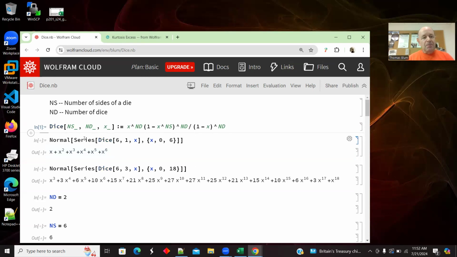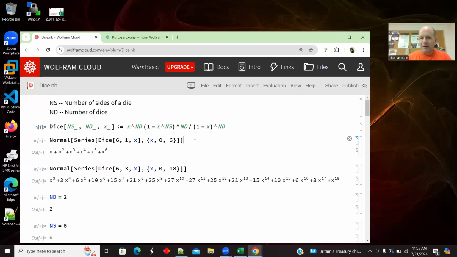And then I'm going to take 6 for NS and 1 for ND, a six-sided die with just one of them. I'm going to take a series of that function around x of 0 and get six values. And for ND of 1, there are only six values.